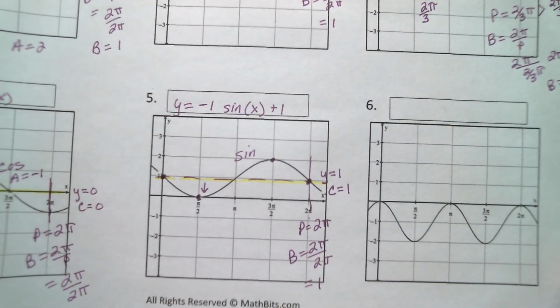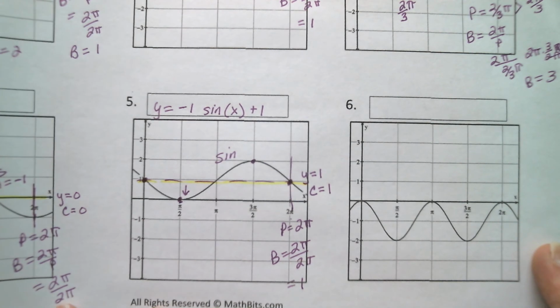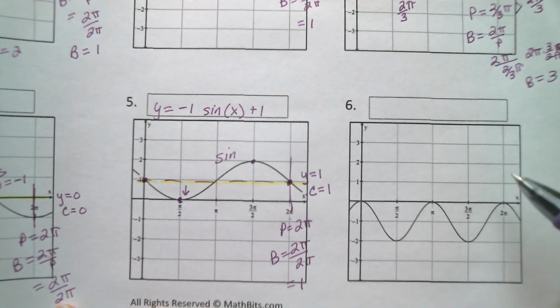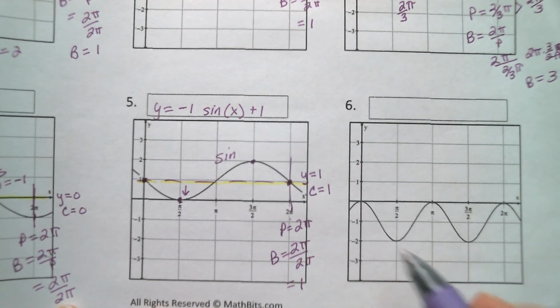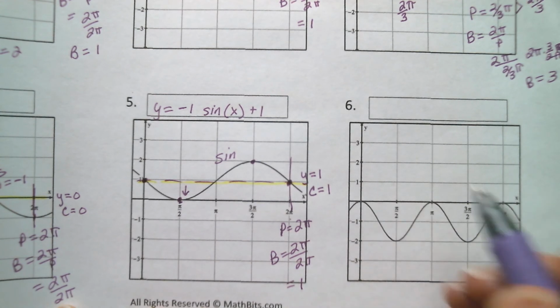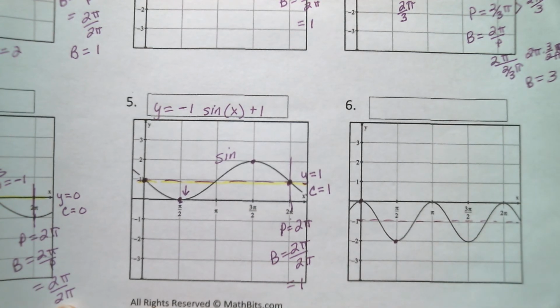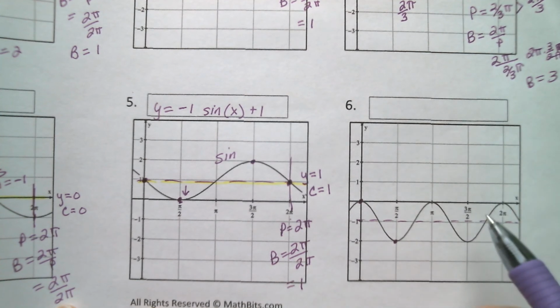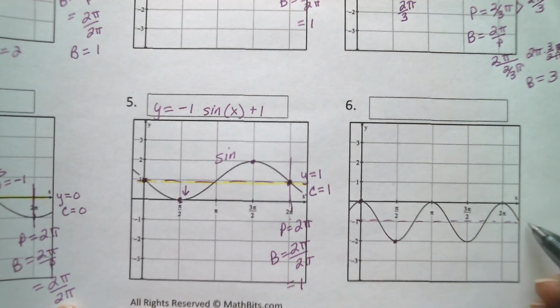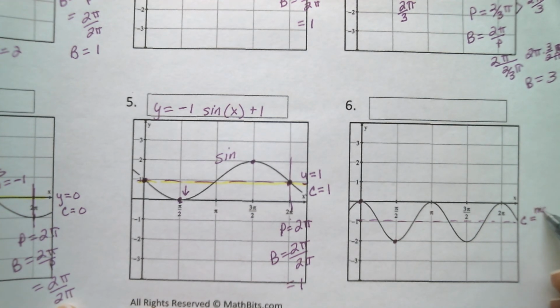And number 6. Determine the midline. Well, here's a max, here's a min, here's our midline. If they were much further apart, remember you can always find your c value, your midline value, by taking the max plus the min, dividing by 2.